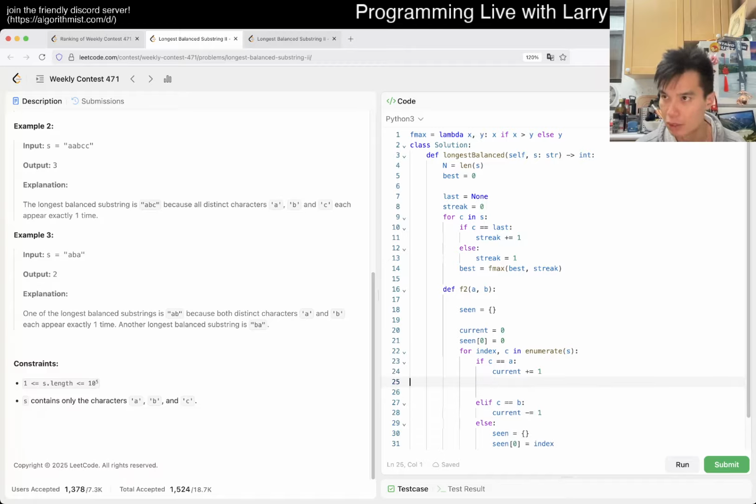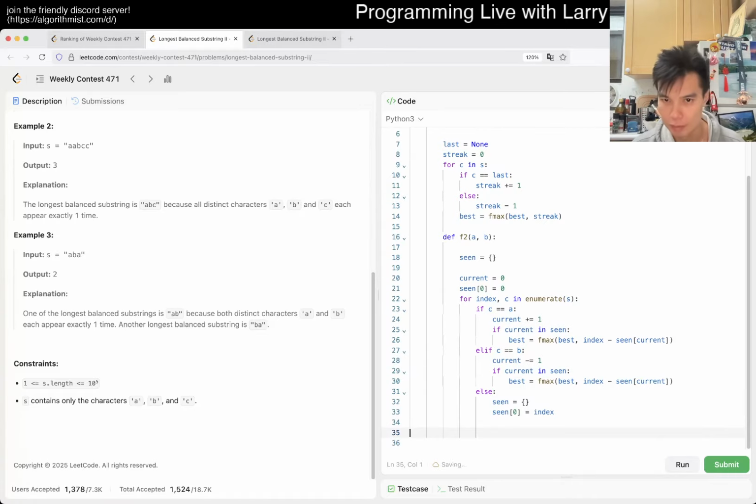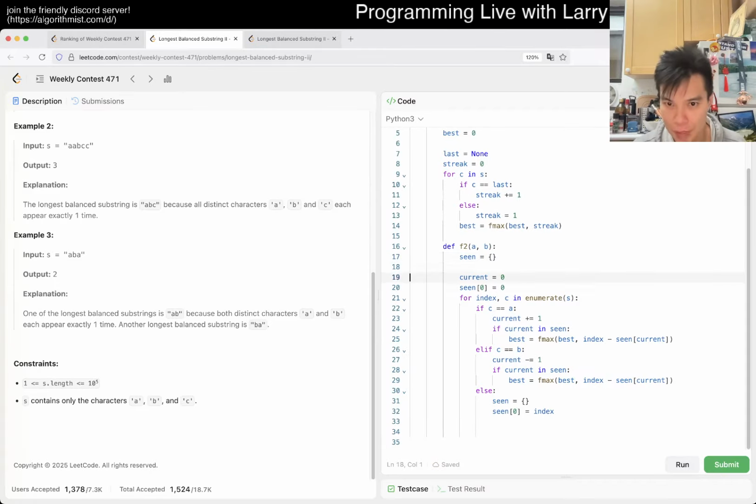Okay, so then now this includes it. So then now first is equal to fs of current minus scene of current, or index minus scene of current. Okay.